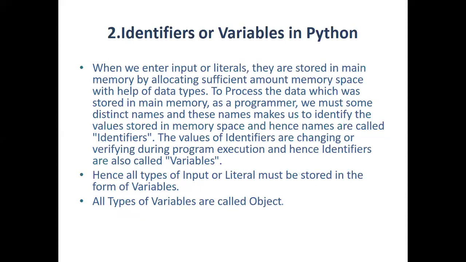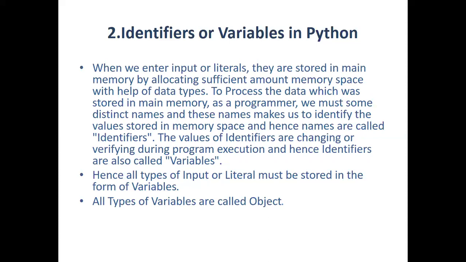Identifiers: whenever we make any input, it is stored in the main memory by allocating a sufficient amount of memory space with the help of the data type. In order to process the data stored in the main memory, the programmer identifies the value stored in the memory space named by the identifier.